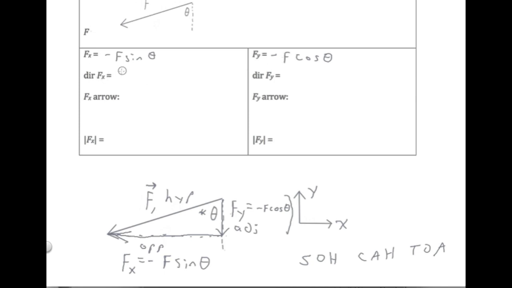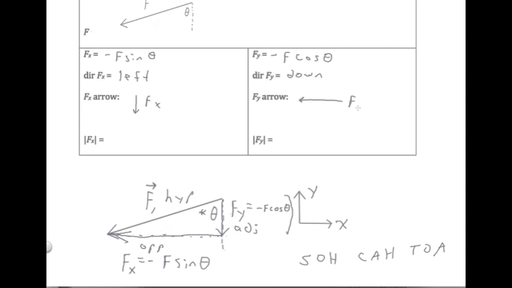The direction of this component is left, and the direction of this component is down, as reflected in their negative signs. So this would be represented by a downward arrow, like in the triangle. And this would be represented by a leftward arrow.